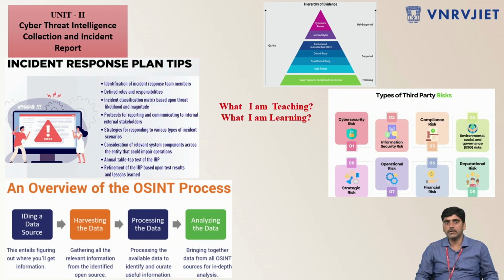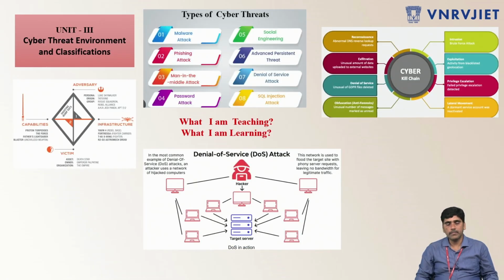And from the third module, cyber threat environment and classifications. Basically, where a cyber threat comes from and what the environment is that creates these threats, and the types of cyber threats like malware, social engineering, phishing, advanced persistent threats, man in the middle attacks, denial of service attacks, password attacks, SQL injection attacks, all types of cyber threats.